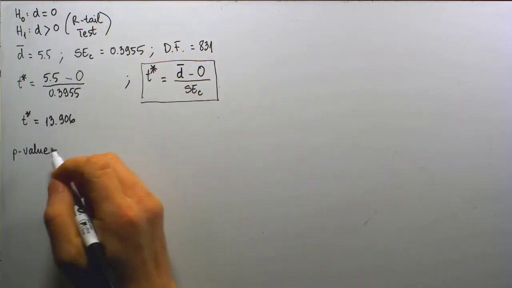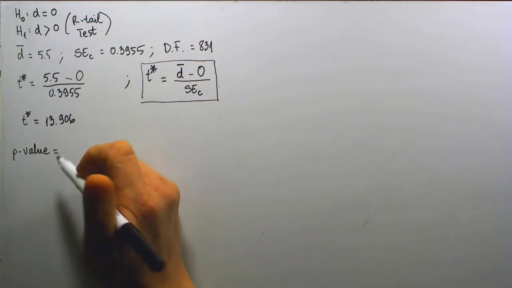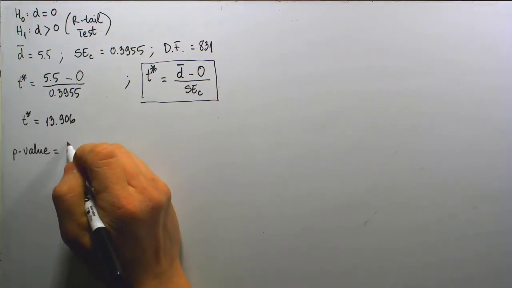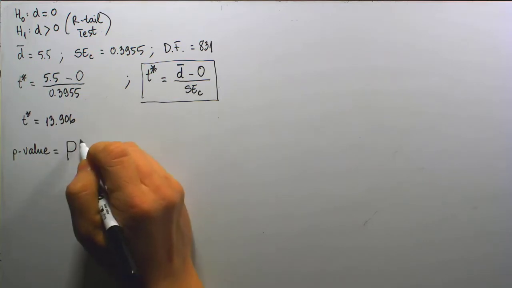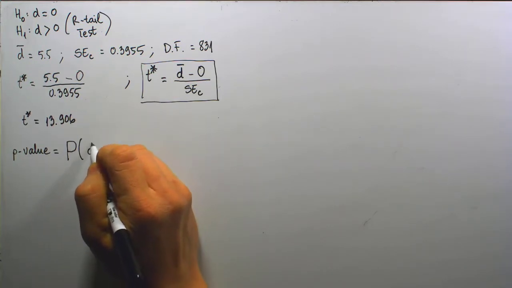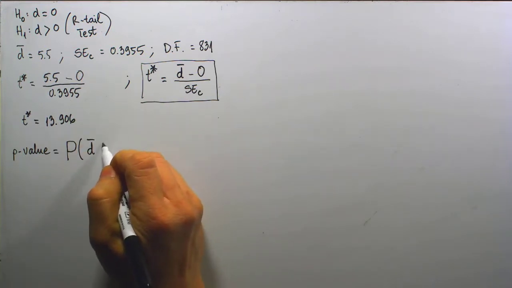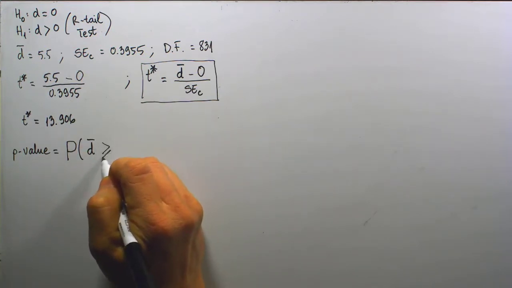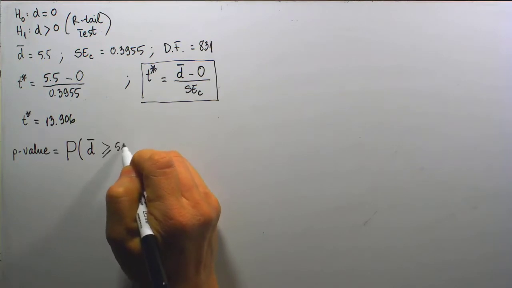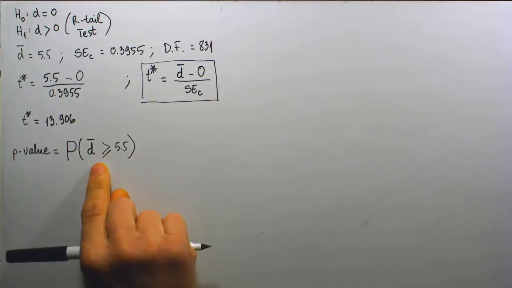We are going to set up the p-value calculation as the probability of finding a sample value d bar greater than or equal to 5.5 among infinitely many other d bar values.